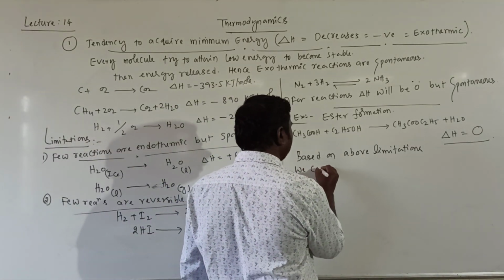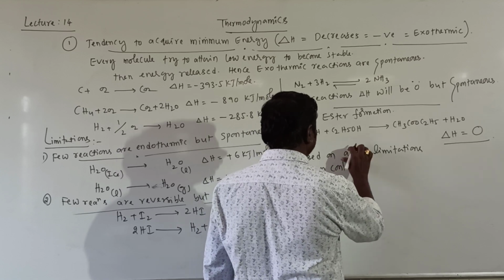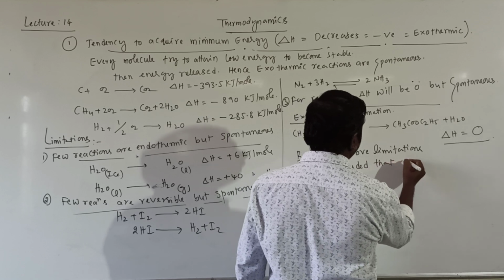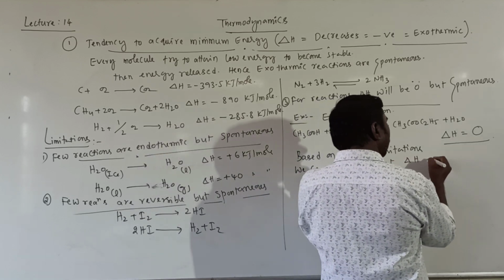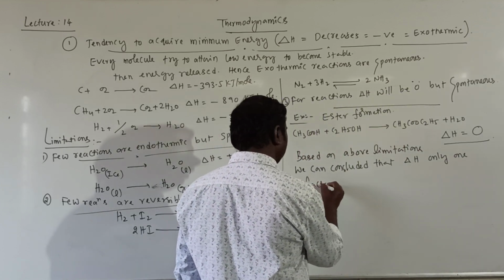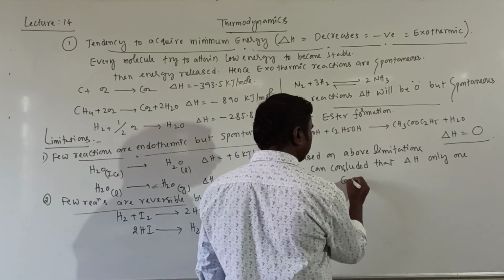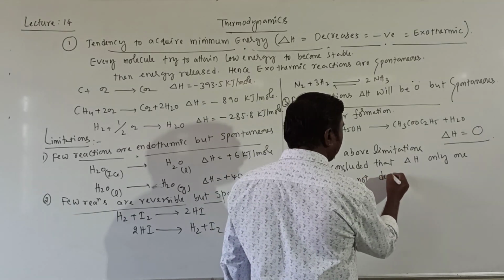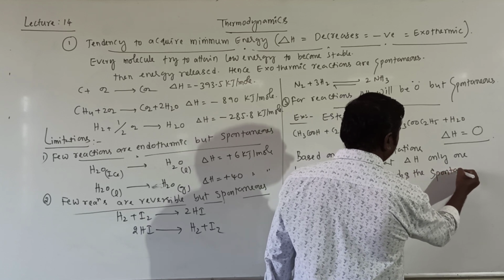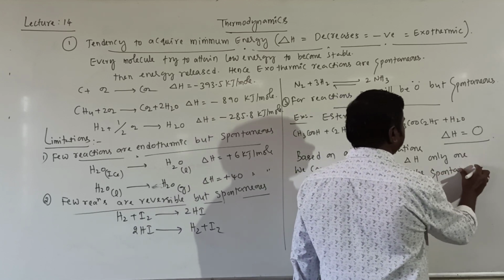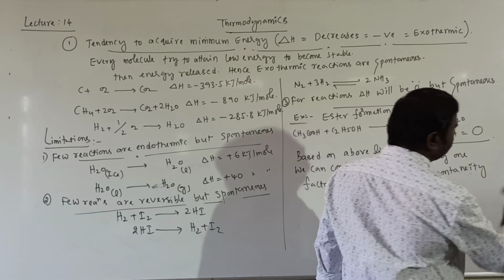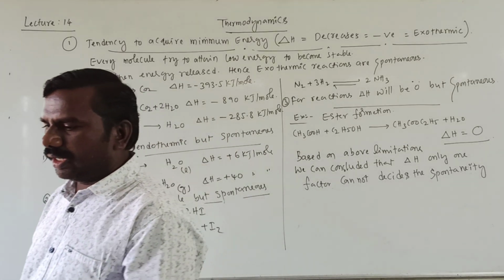We conclude that delta H, only one factor, cannot decide the spontaneity. Another factor is also required.